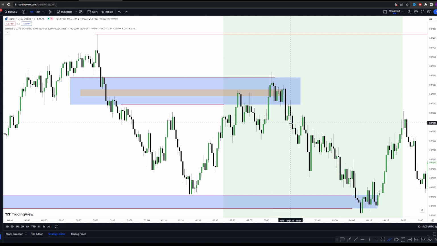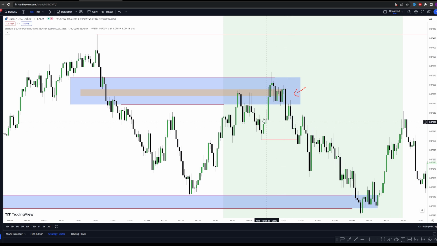We then shift effectively. We have impulsive delivery to the downside, which is displacement. We have a closure below the swing point here, which we can denote as such. This is your market structure shift. And if you remember, we needed to close below it in order to be valid, which we do. And at that point, you're valid to look for shorts, right?